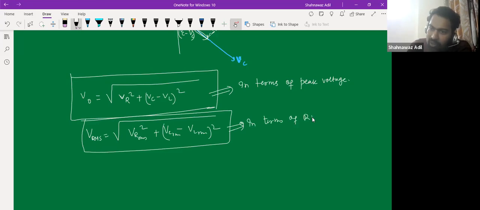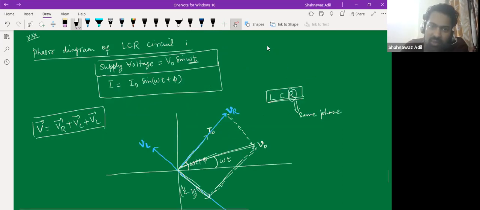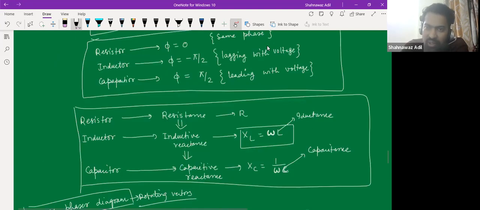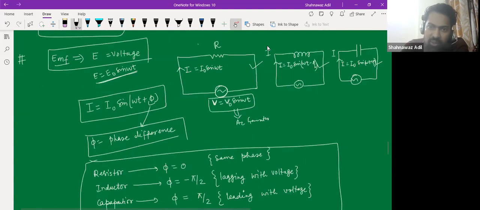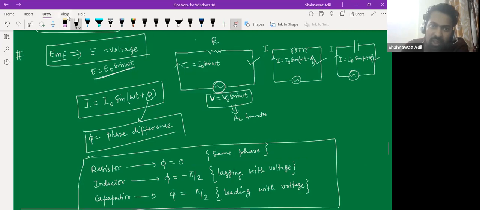Okay, so I will continue from here in the next class. In the next class, we'll do only the numericals, right? Because these are the things that we need. So please note down from here. Quickly note it down, and in the next class we'll only do the numericals.